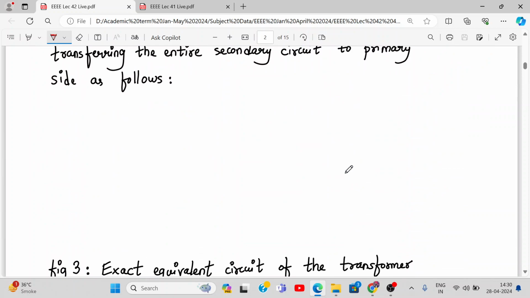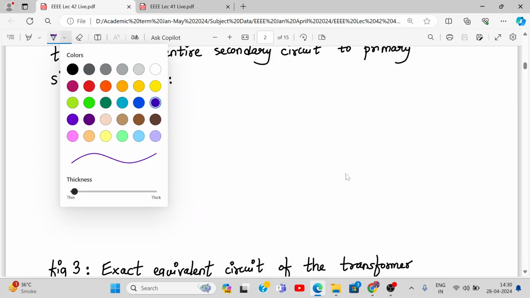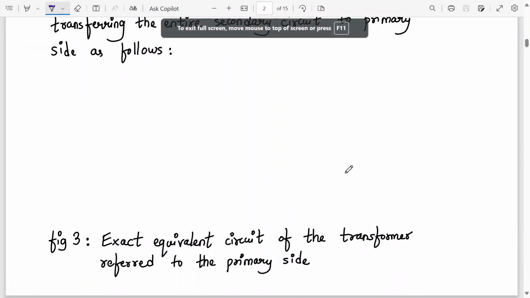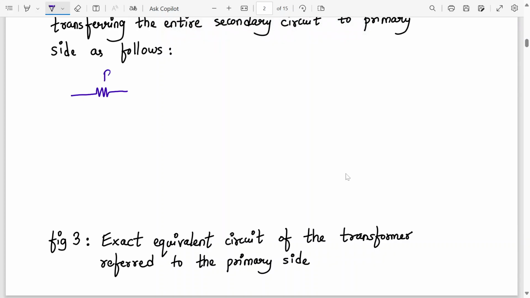So primary circuit will remain the same. Okay, let me start drawing over here. You all can draw along with me. So we have R1, X1. This is my primary voltage plus minus V1.